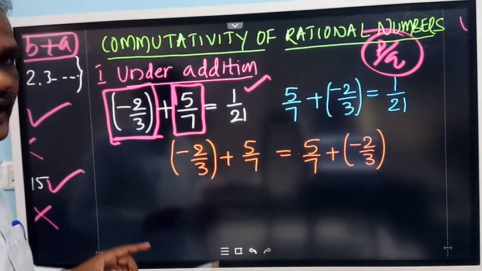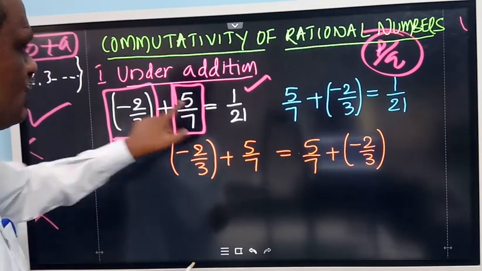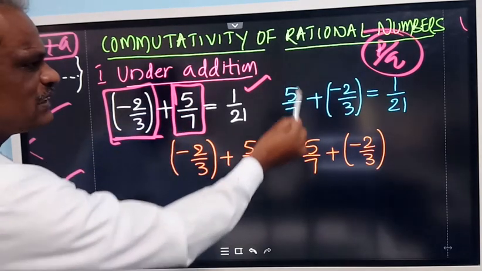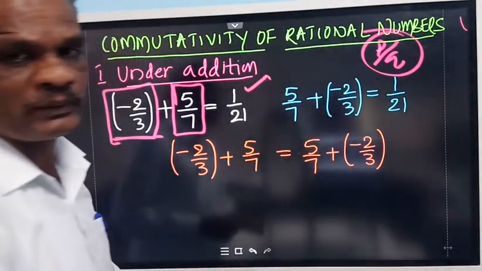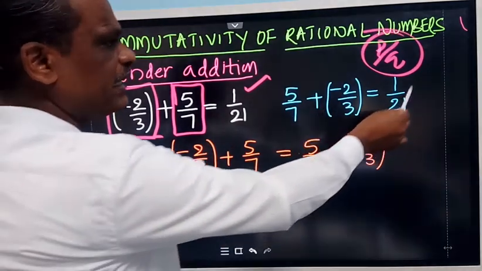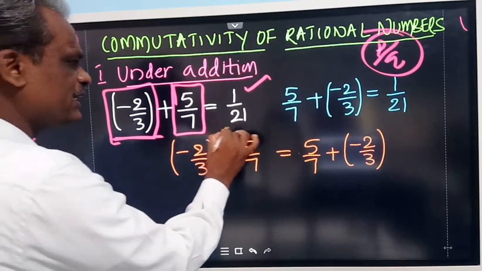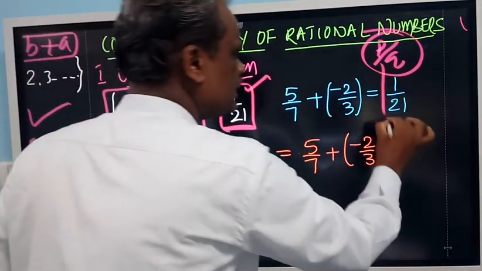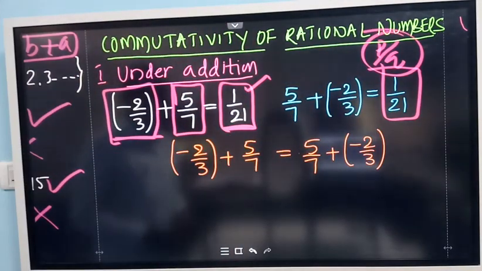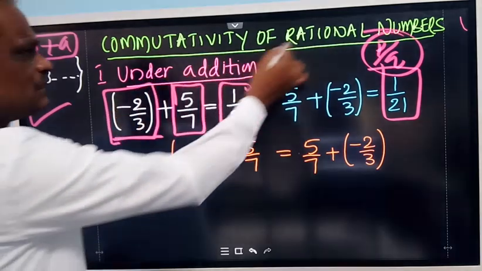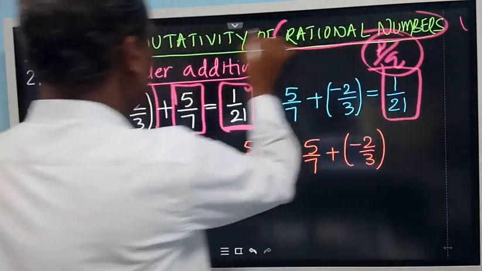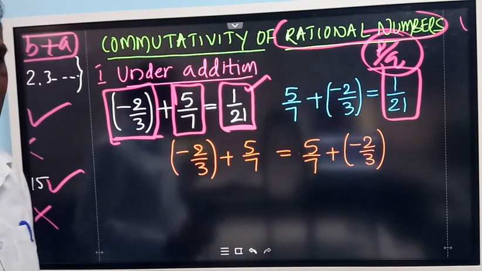Now interchange the addends. Minus 2 by 3 you write here, 5 by 7 here. 5 by 7 in the first place, minus 2 by 3 in the second place. Add them now. Again you are getting 1 by 21 only. So in both the places you are getting 1 by 21. So therefore you can conclude that rational numbers are commutative under addition.